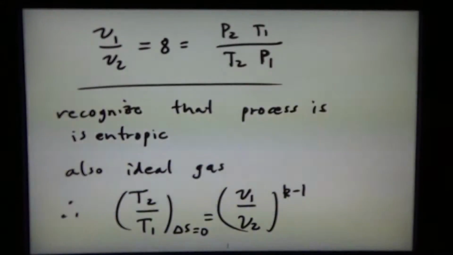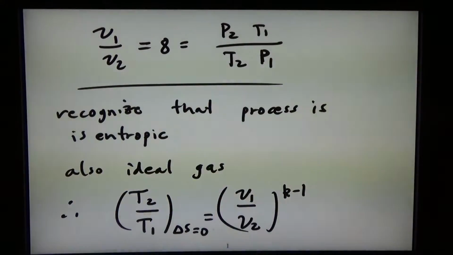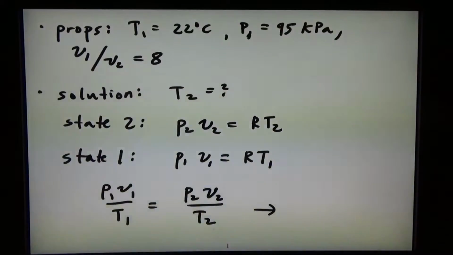And we're going to start looking up the K value at T1 for air. So T1 was 22 degrees Celsius. In Kelvin, we have 273 plus 22, that's 295.